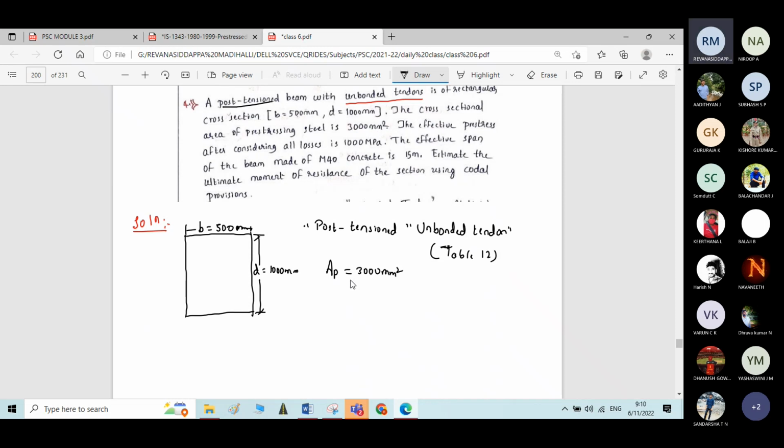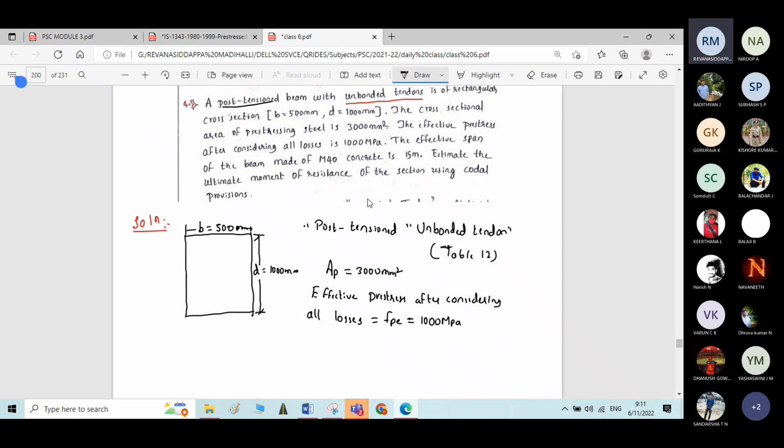Then effective pre-stress after considering all losses is FPE. It is given as 1000 MPa, 1000 Newton per mm square.